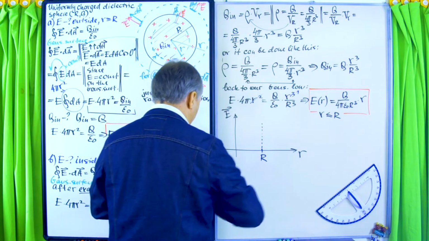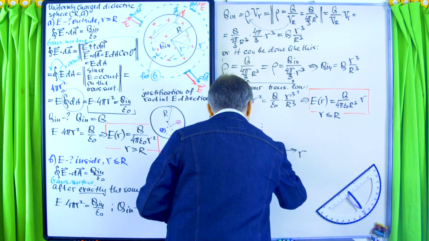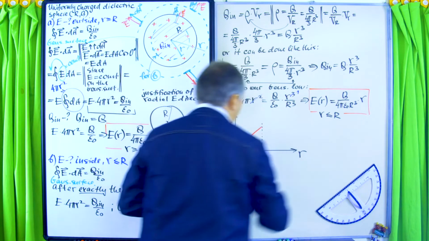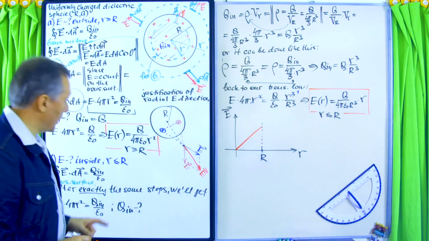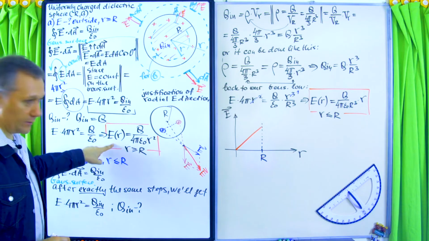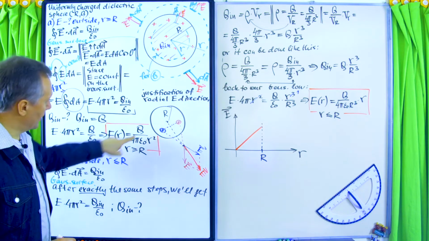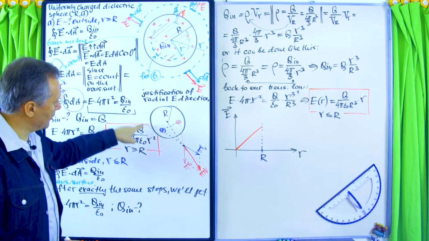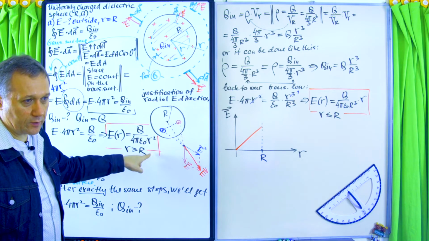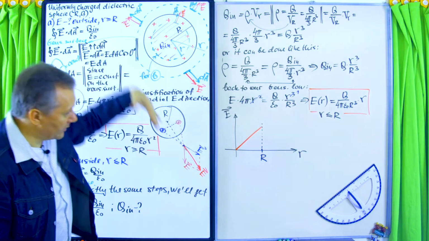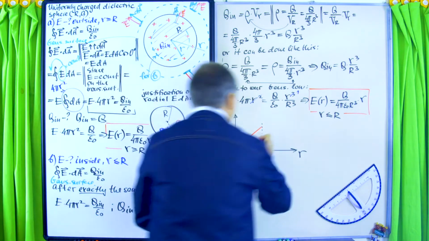Right, so let me draw first this dashed line. And now, proportional to R. And now outside this, again, Q over 4 pi epsilon naught, this is constant, and the variable is over here. It's 1 over R squared. So it will be some kind of curve like that, parabolic.